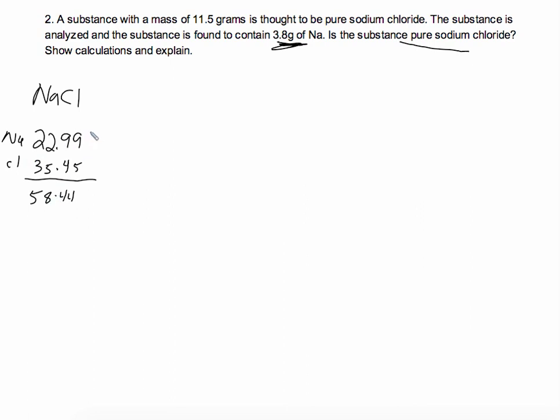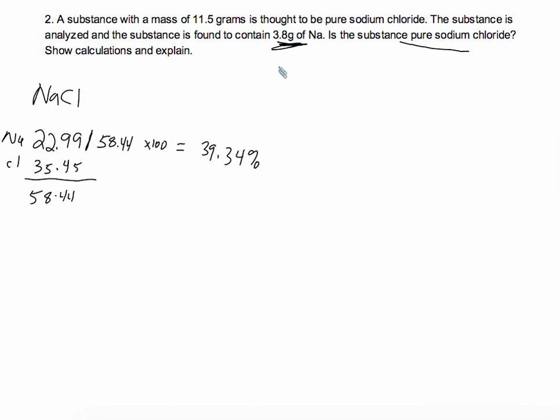So to get the mass percent, you take the part of sodium divided by the total molar mass, and multiply that times 100, and you end up getting 39.34% by mass of sodium in pure sodium chloride.